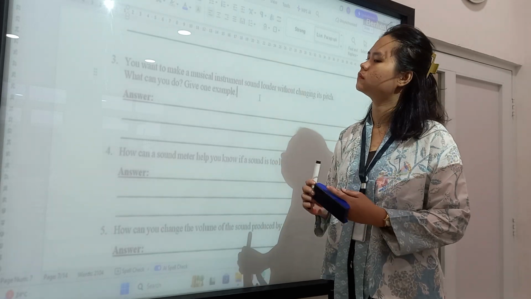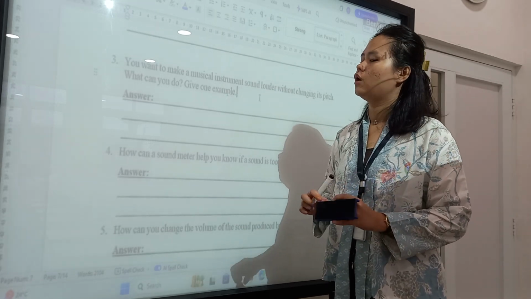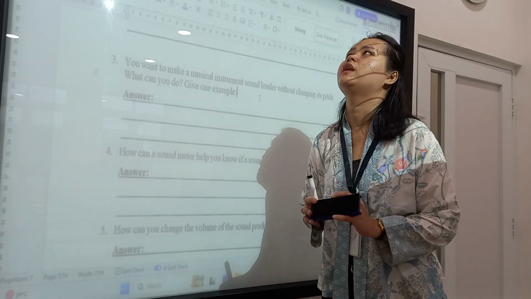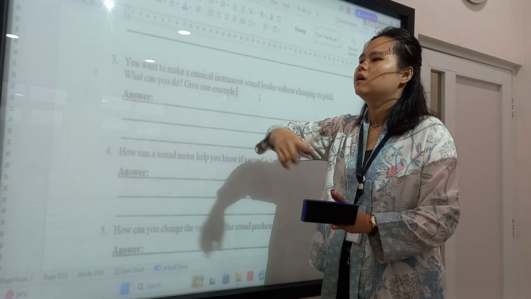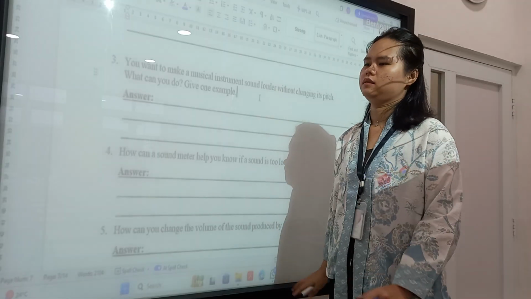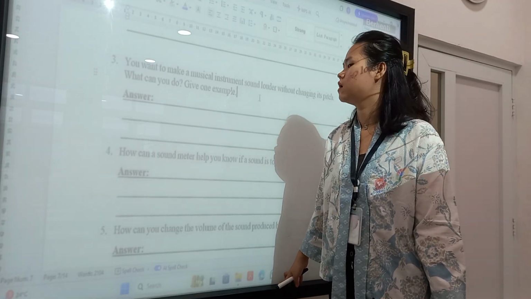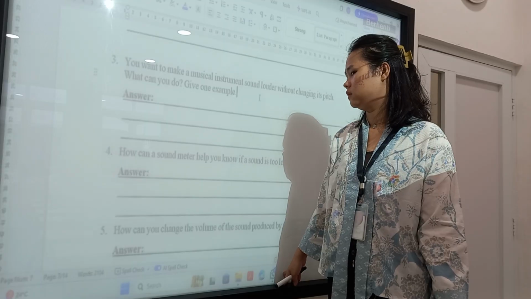If we want to produce a different pitch, we make a different shape or a different amount inside the glass of water. You mean here we change the amount of water?